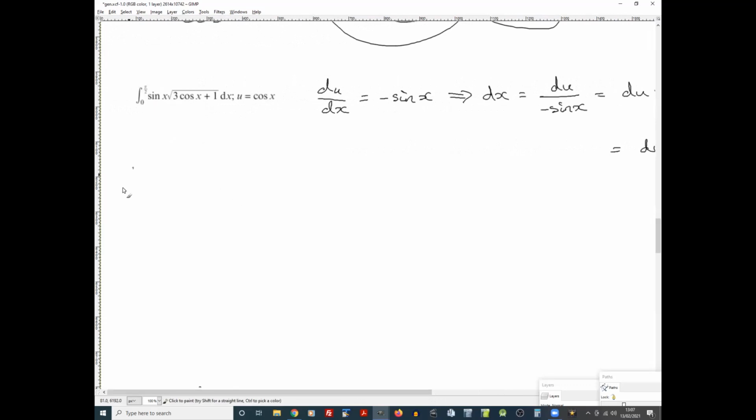What we ought to do is say x equals pi over 2 gives us u equals, and similarly here, x equals 0 gives us a u limit of, so in each case, if x is pi over 2, what's u?